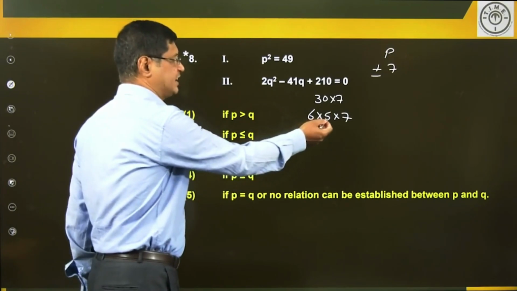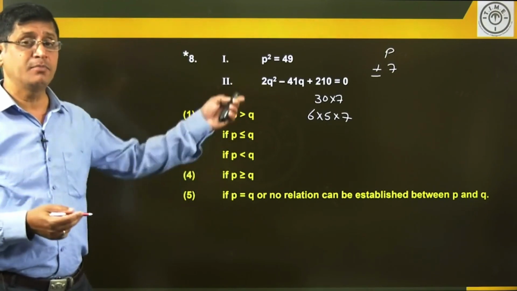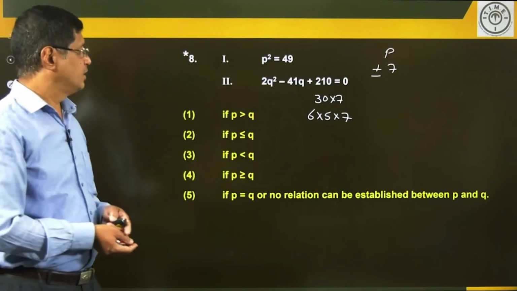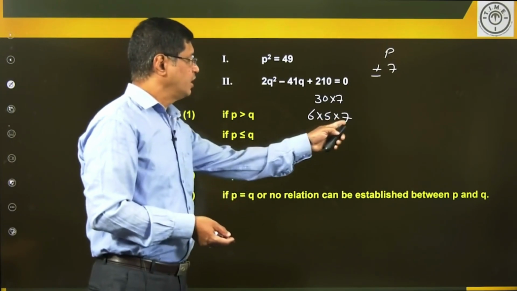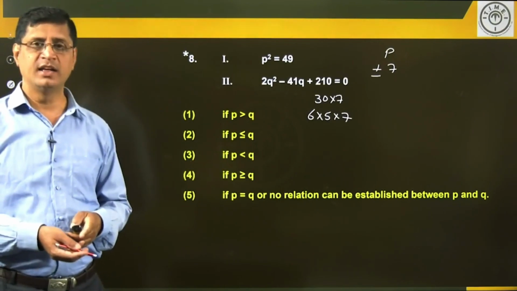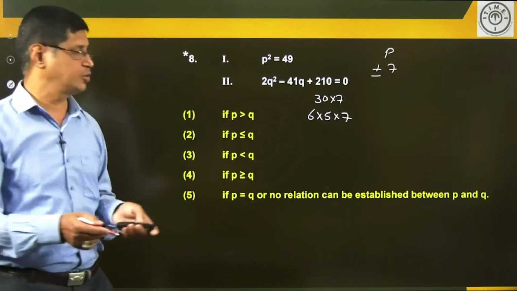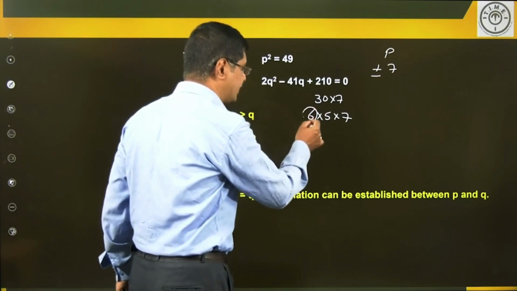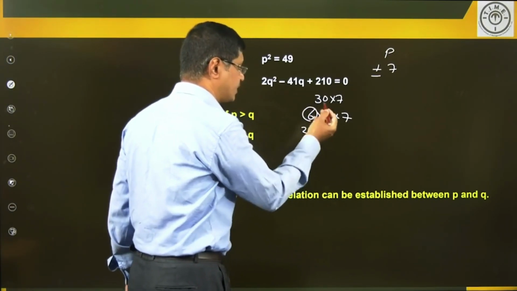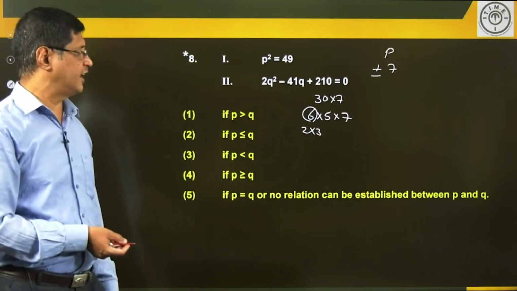Now, 6 into 5, 30, 2 into 7, 14. Now, 30 plus 14, 44. But here it is 41. Now, what is the next possibility? 7 into 5, 35 and 6 into 2, 12. 35 plus 12, it is 49. Here 41 is given, not possible. So, what I am doing here? I am writing it as 2 into 3. Now, just observe this. Is it possible to find the value?